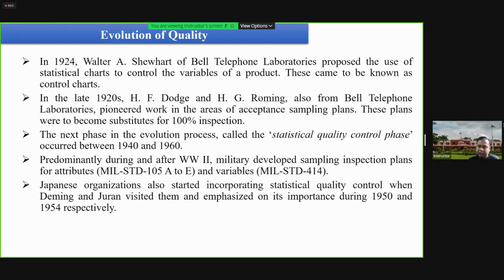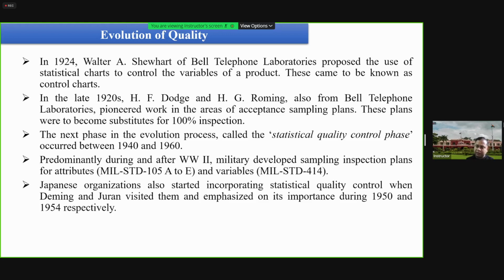And eventually, the Japanese organizations called them and asked them to teach those concepts so that they could implement them. Once the Japanese started implementing these concepts in their organizations, they parallelly developed other concepts also, like lean management and all.